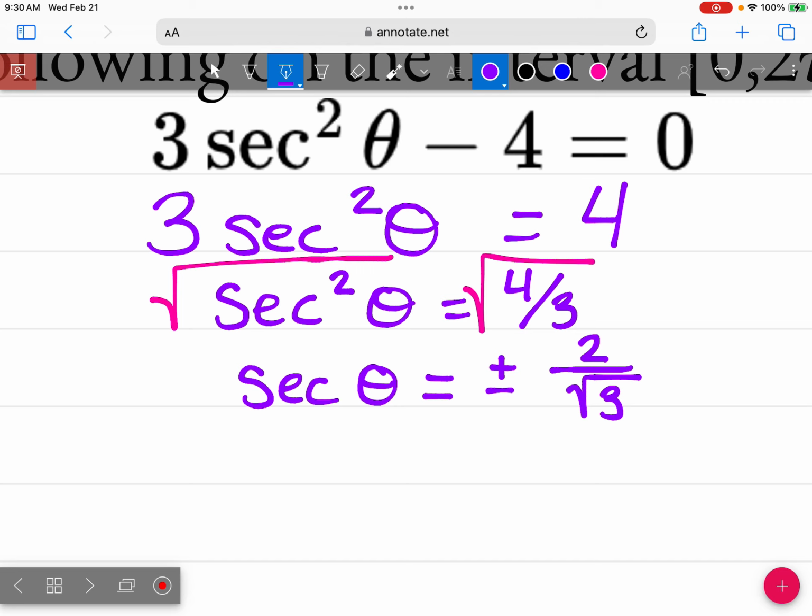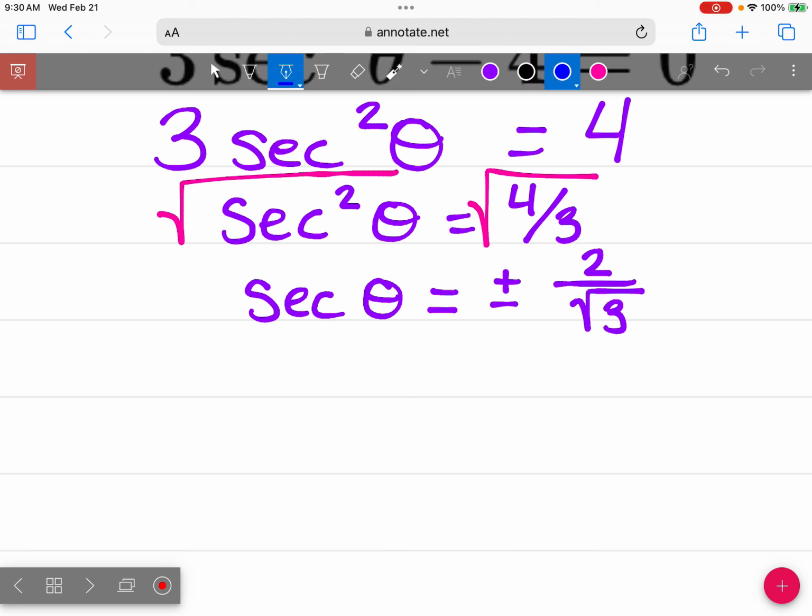So we want to know what thetas have the secant of theta as positive or negative 2 over square root of 3, which is sometimes a little tricky to wrap our brains around or remember until we remember that secant is the same as 1 over cosine.